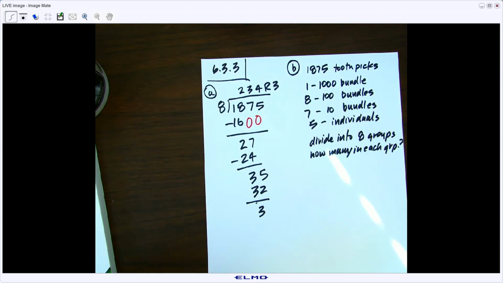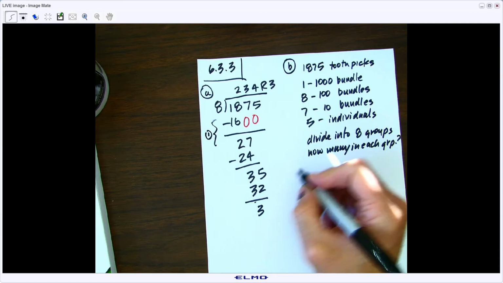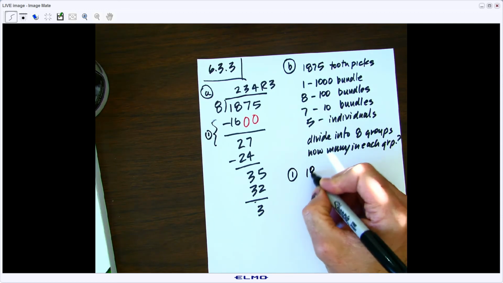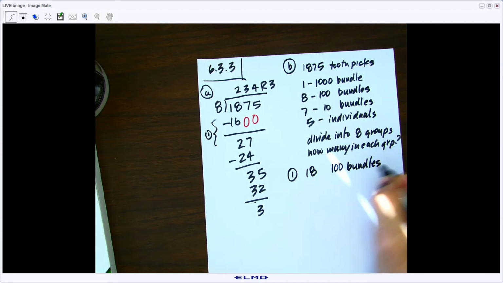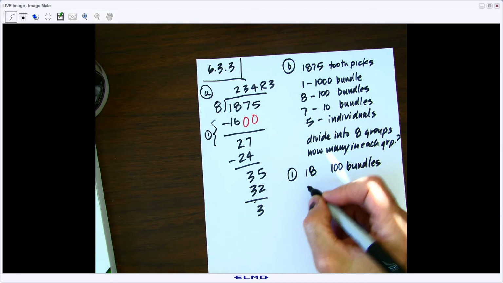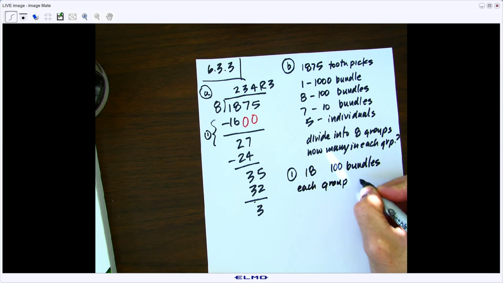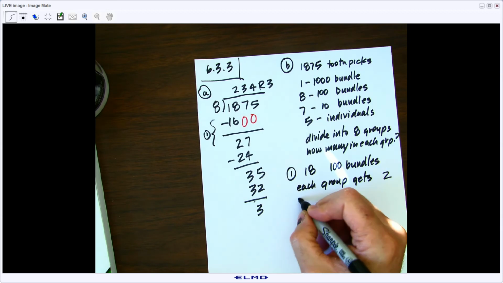So in this first step, what we're saying is that we have 18 100 bundles, and when we deal them into 8 groups, each group gets 2 of the 100 bundles.